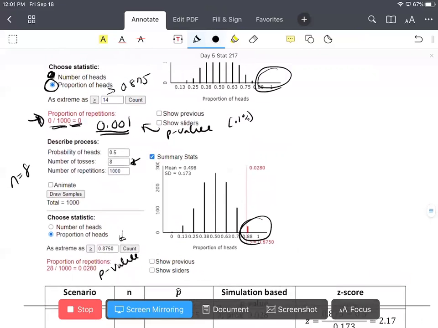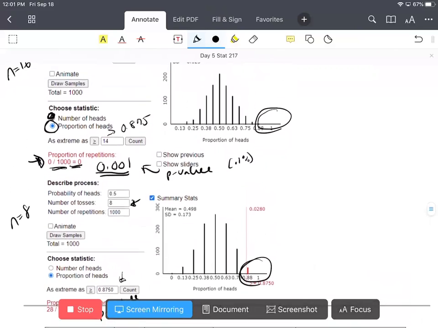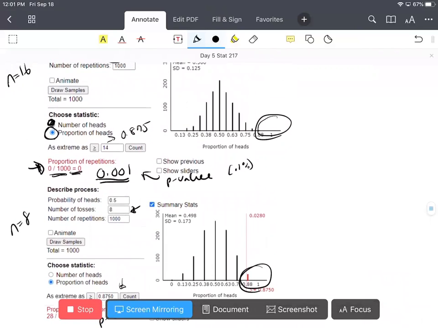What does that tell us? With a larger sample, does it make sense that you would get better data in general, assuming it's a good sample? You would get better results? Yes, it makes sense. Think about it long term.